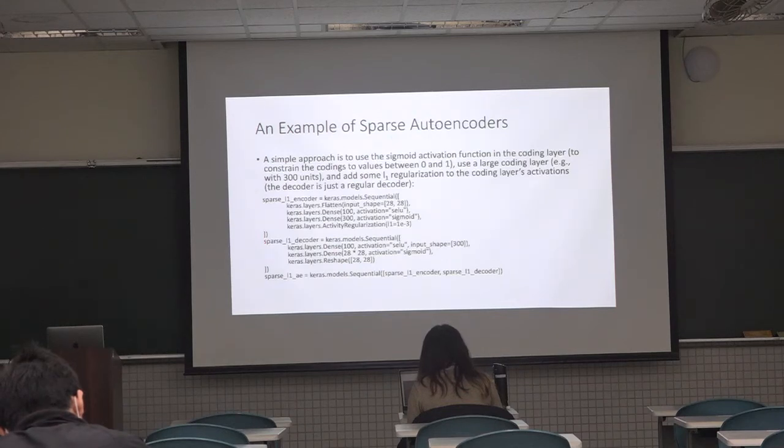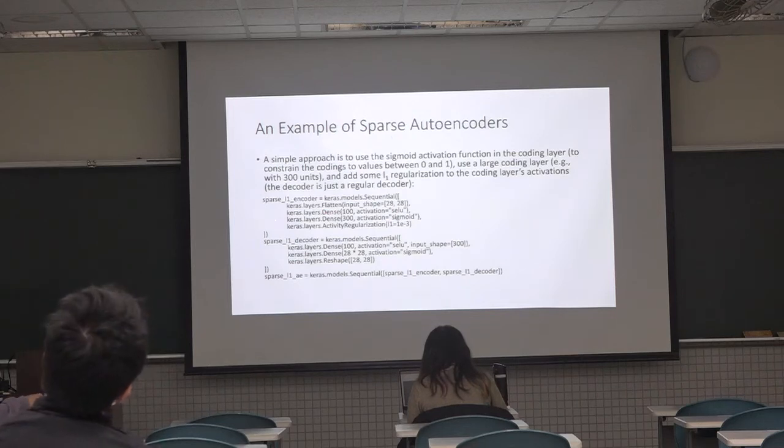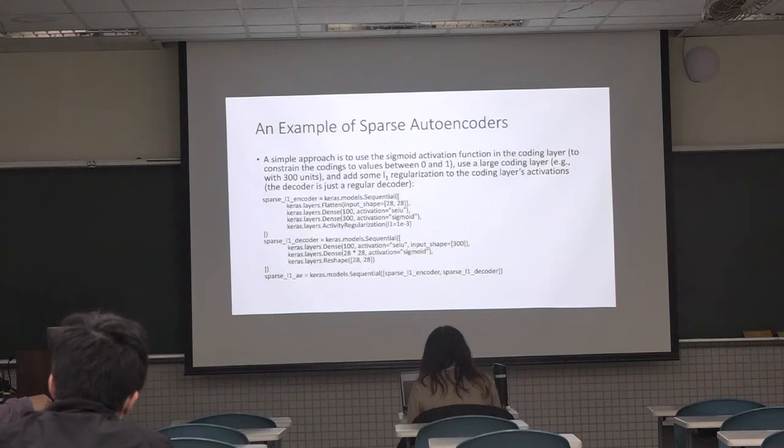Again, here we are still using the MNIST data set. You can see we flatten the 28 by 28 image into one dimension, and then it goes through a dense layer of 100 neurons with activation, and then a 300-neuron dense layer with sigmoid activation.